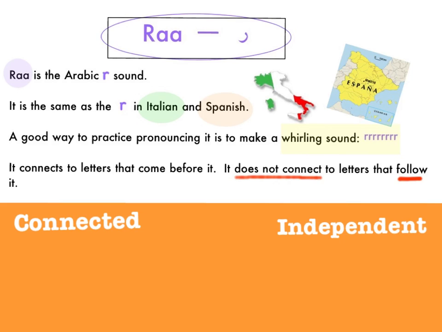Ra has two shapes, independent shape, we write it like this, and connected shape, we write it like this, and it gets connected to the previous letter with this line. In independent form, we have the example Rabb. In its connected form, we have the word Bar.